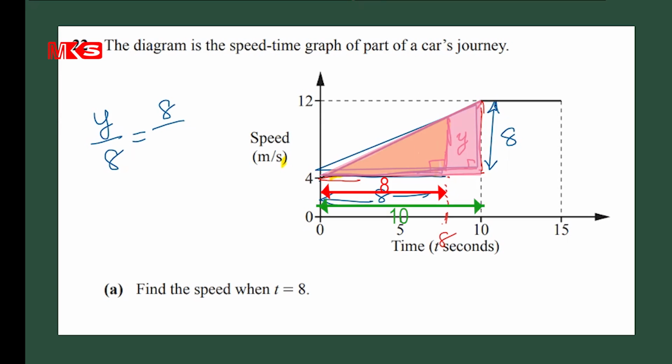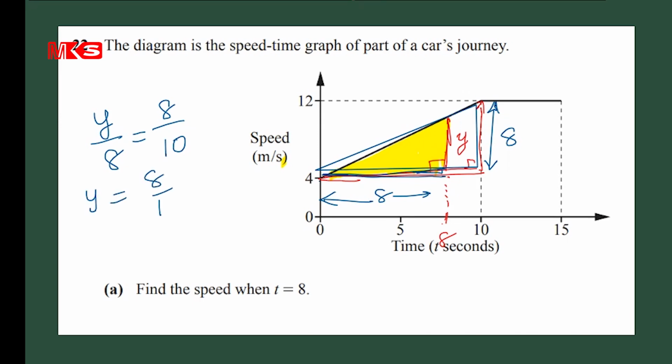So 8 over 10. That will give us y is equal to 8 over 10 multiplied by 8, which is 64 over 10, so that will be 6.4. Now you can see y is this side of the triangle, but we have to find this total length.